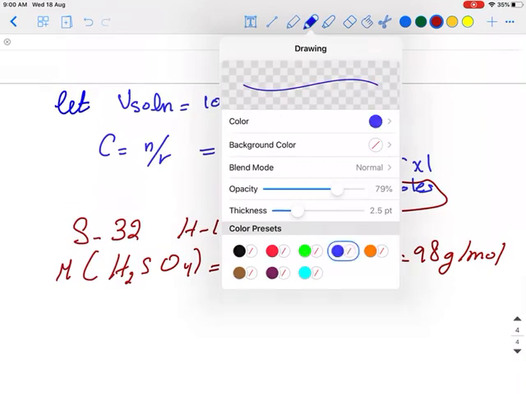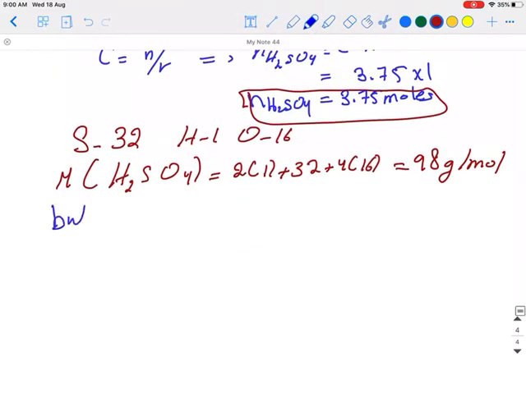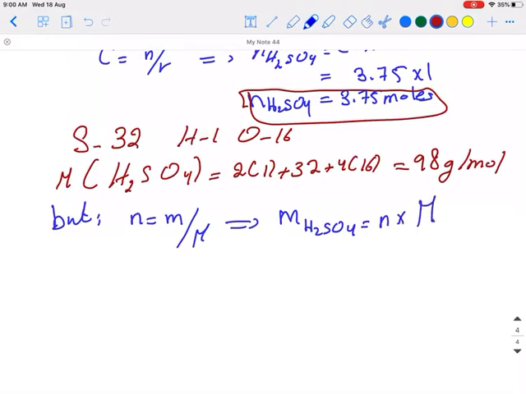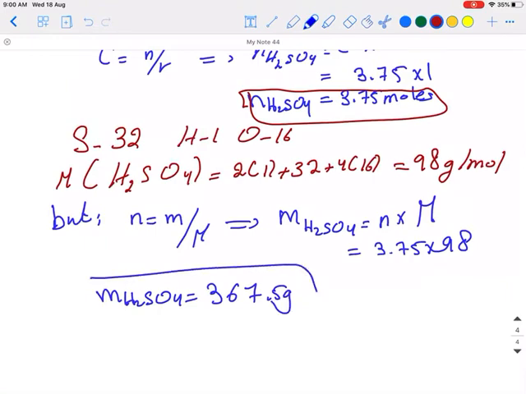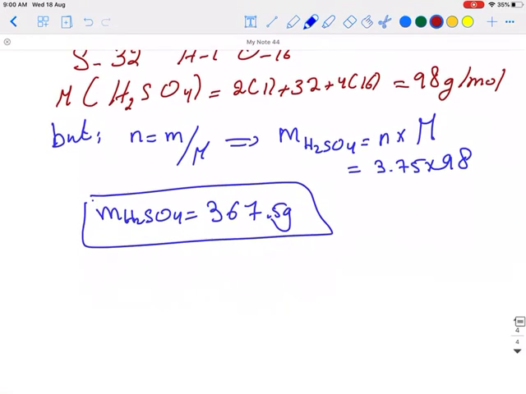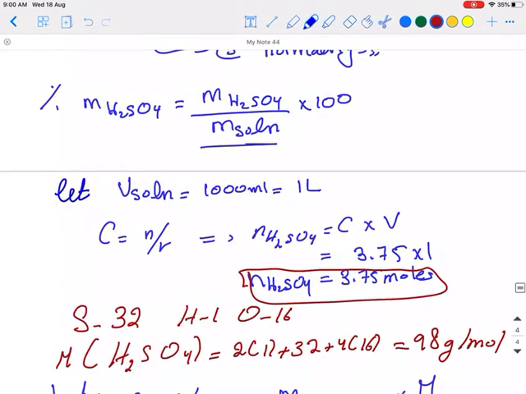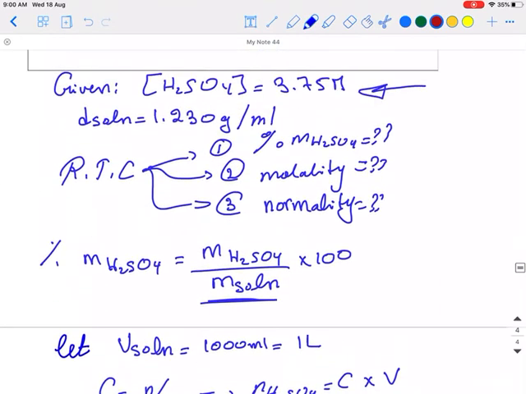The number of moles is the mass over the molar mass, so the mass of sulfuric acid is the number of moles times its molar mass: 3.75 times 98, which is 367.5 gram.